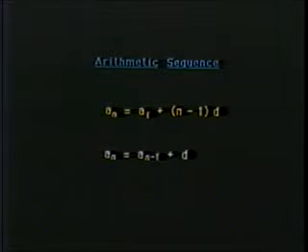What will the formula for a_n look like? The formula comes out looking like this. The first term plus the right number of copies of d. How many copies of d? n minus 1.